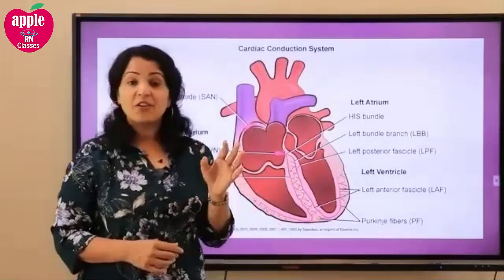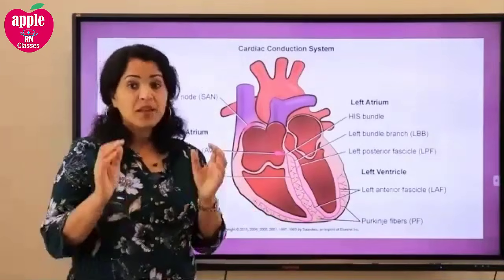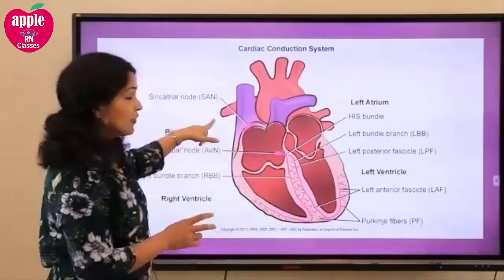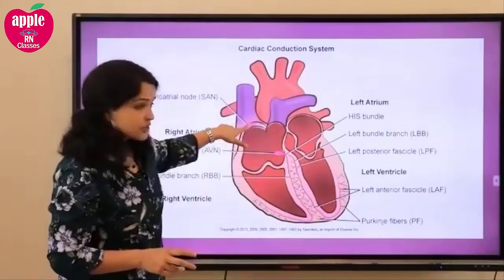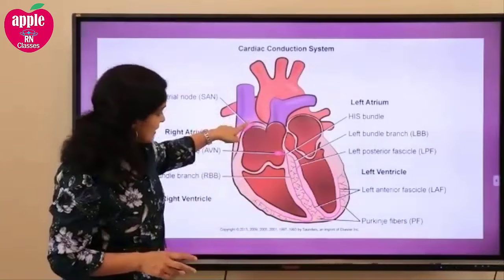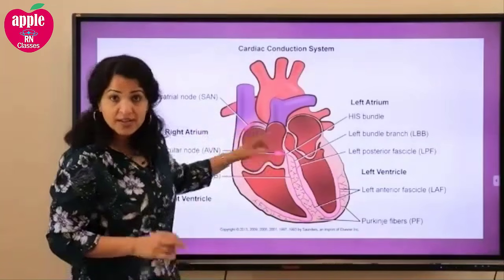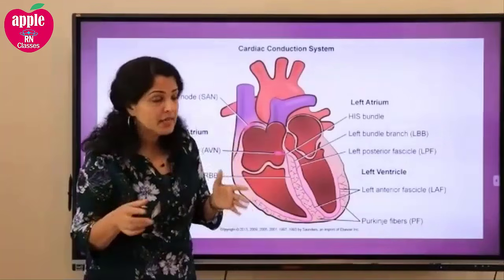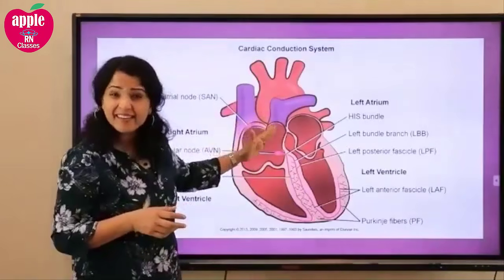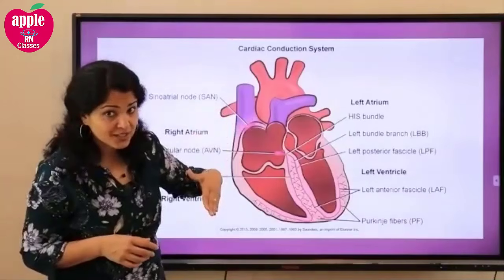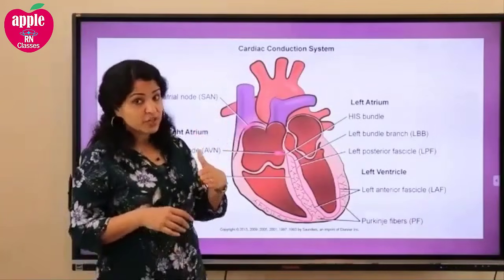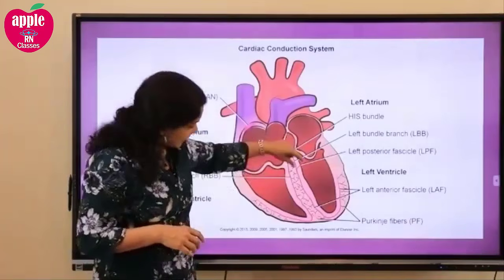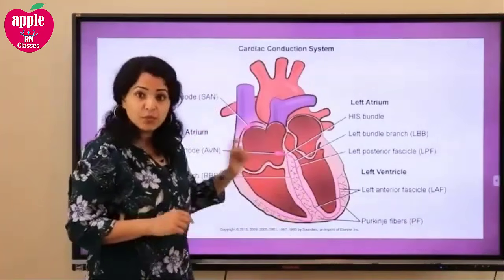The SA node is the natural pacemaker, and it is situated in the right atrium. Then the impulse comes to the AV node, which is called the gatekeeper, right before the electrical impulses go to the ventricle. From the AV node, there is the bundle of His, then two branches, and then the Purkinje fibers.